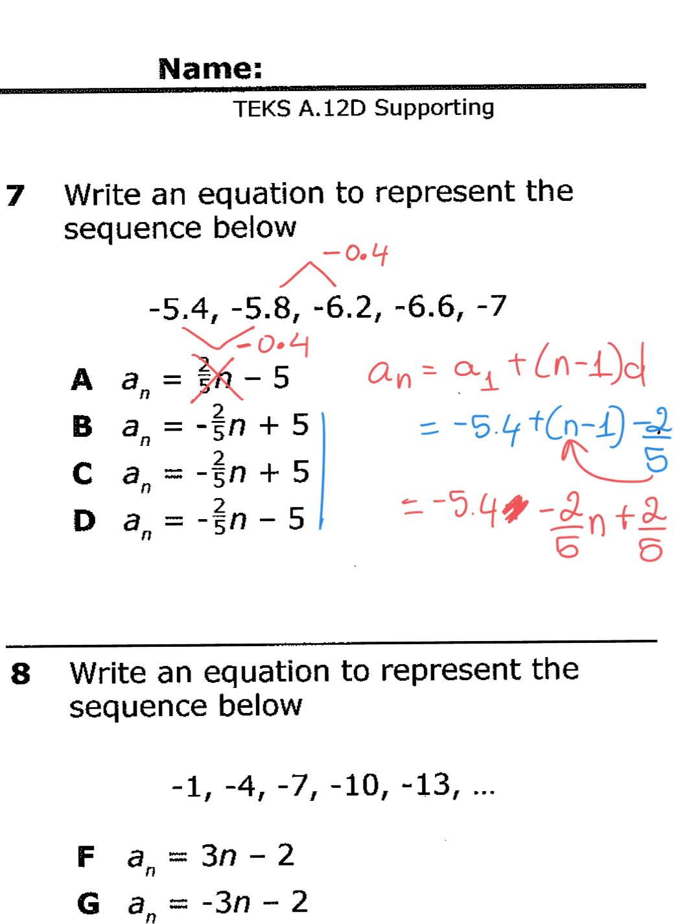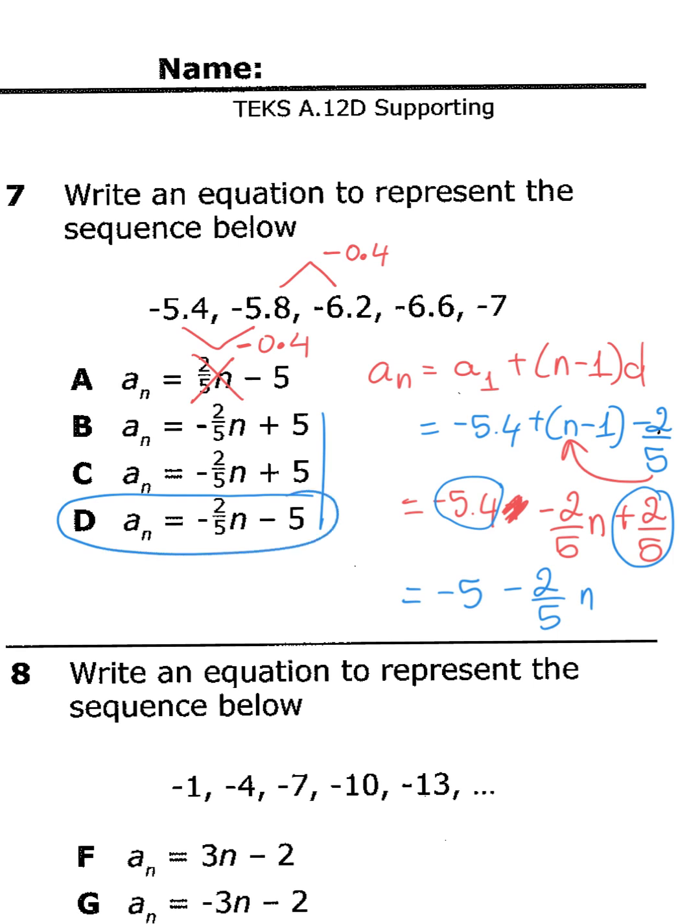Then you combine the like terms, which is negative 5.4 add 2/5. I'll give you a moment to put it in your calculator if you want to. And you should get negative 5, and then minus 2/5 n. Okay, and you can see the answer is right here.